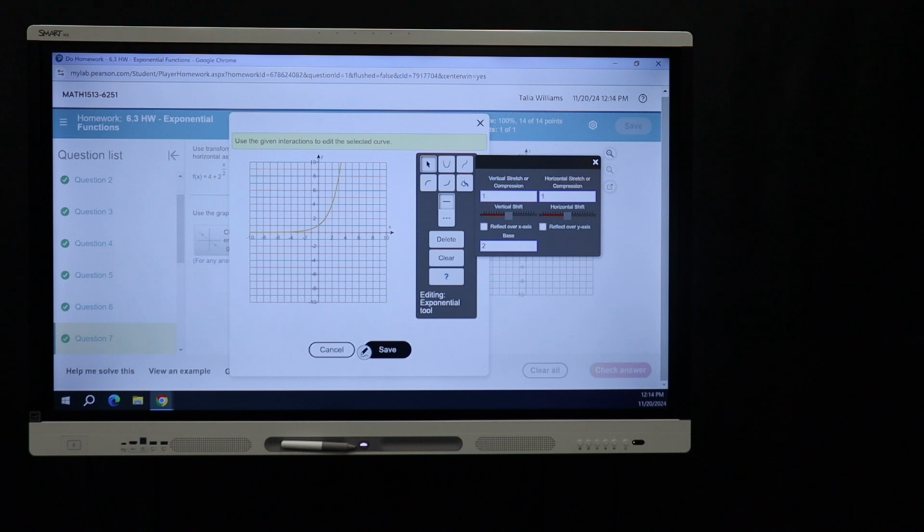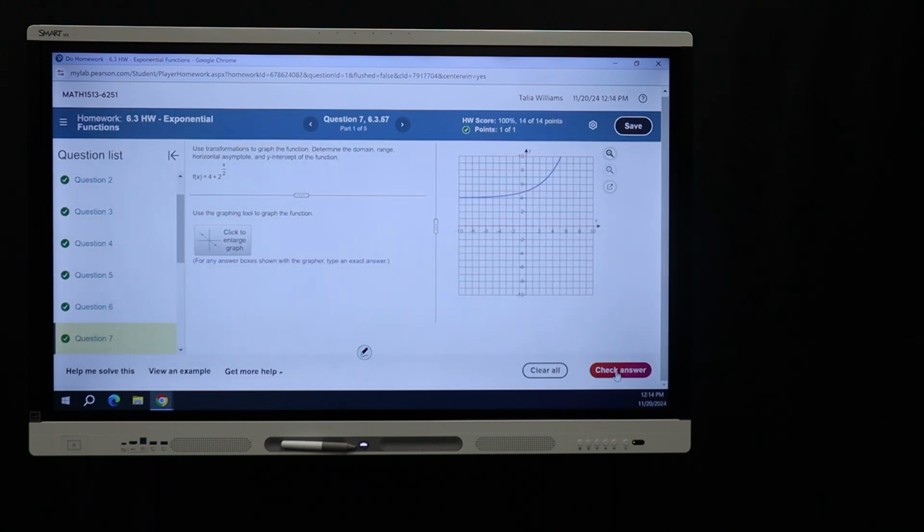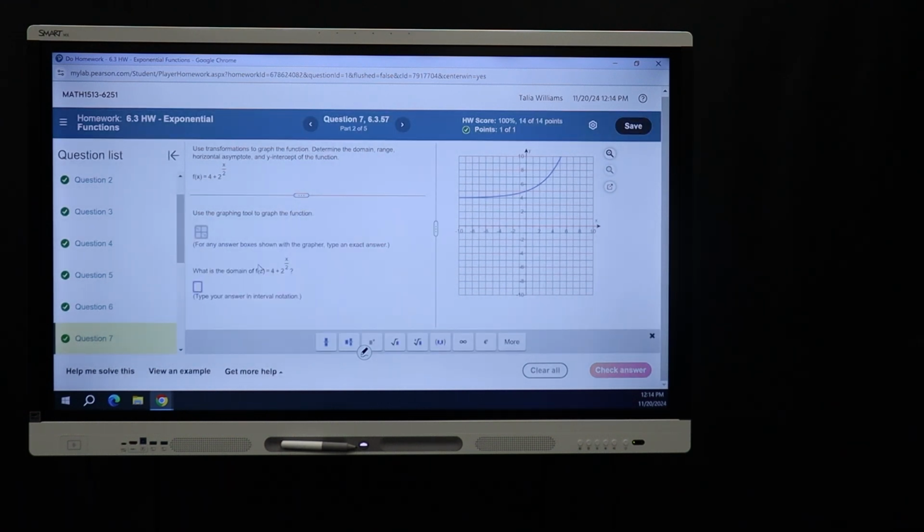So since it's x over 2, I'm going to do divide by 2 here to get that compression. And then that 4 plus is going to mean our graph is going up 4. They just put it in front of it compared to behind it. So that 4 plus is up 4. Okay. Domain is negative infinity to infinity on exponential graphs.